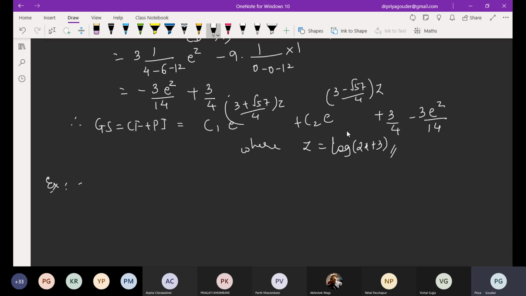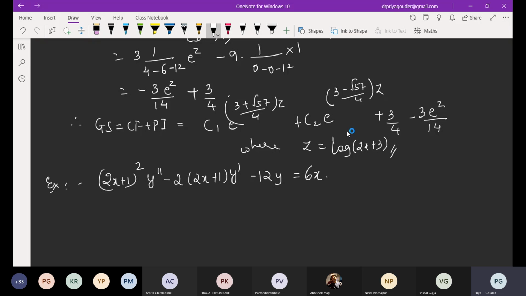I'll give one homework sum and done for today's class. Minus 2 into 2x plus 1 y dash minus 12y is equal to 6x. The same problem they may give by taking this 2 inside; they may give it as 4x plus 2.